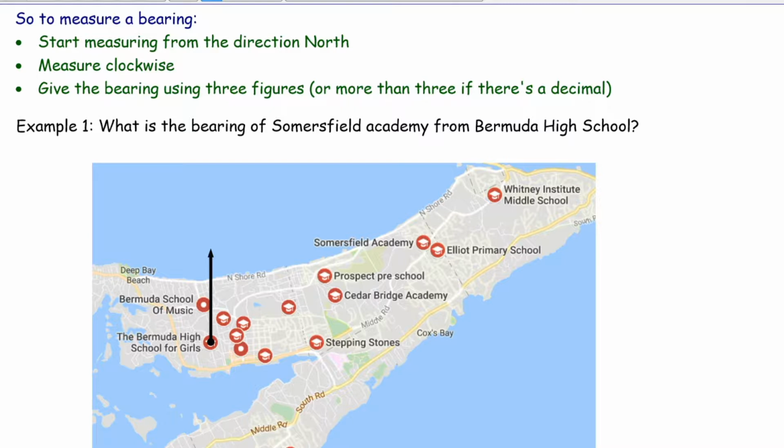You start measuring from the direction north, facing north, and then you always turn clockwise. Give the bearing using 3 figures. So if it's 0, it will be 000. If it's 1, it will be 001. Like that. So let's look at the first example.